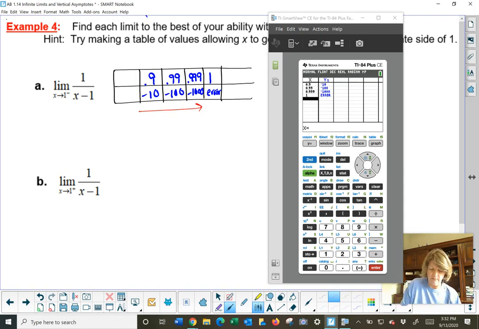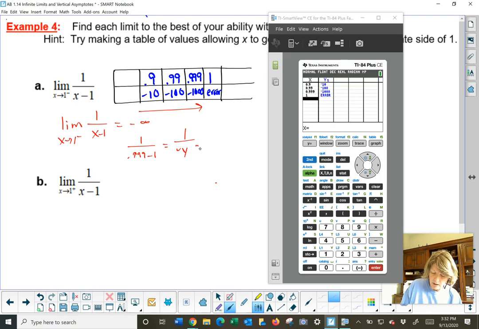And that tells me that we are headed to negative infinity. And I think we could do that same analysis really easily. Like we could have said, we have 1 divided by 0.9999 minus 1, which gives us 1 divided by very small negative. And I know when I divide by something very small, I get something very large, and that's negative infinity.